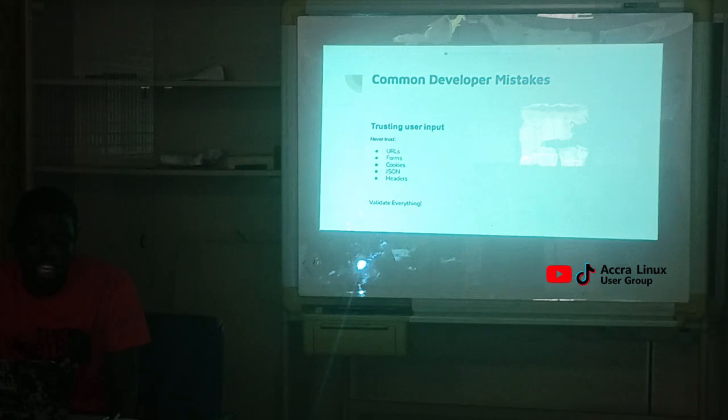Let me give an example. There's this one time I was with someone who was starting out coding and he was doing his stuff. It was something like a calculator, which would ask for a number, take the number, and add it.